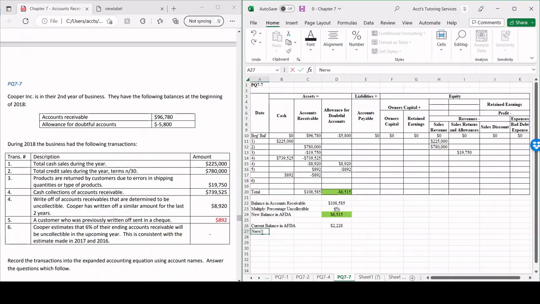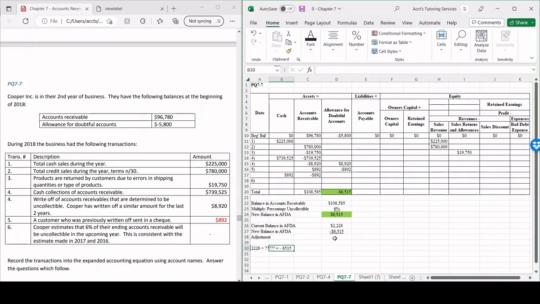But the new balance in AFDA is a negative number. So it is negative 6,515. So we have to figure out the adjustment. So essentially, we have to get 228 equal to negative 6,515. We're going to do that through a simple formula. So 228 plus question mark equals negative 6,515.